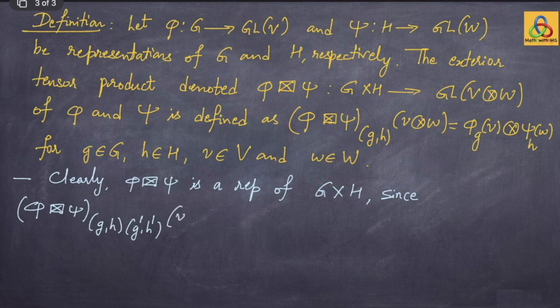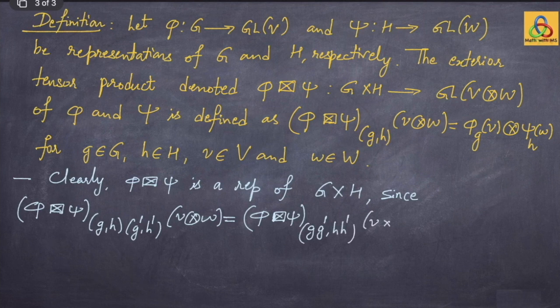This will act on a generating vector, that is v tensor w, which is the same as, by definition, now multiply the two group elements in G times H, that becomes g g prime comma h h prime, because it's a direct product. It will act on v tensor w, which by definition is the same as phi of g g prime acting on v tensor psi of h h prime acting on w.